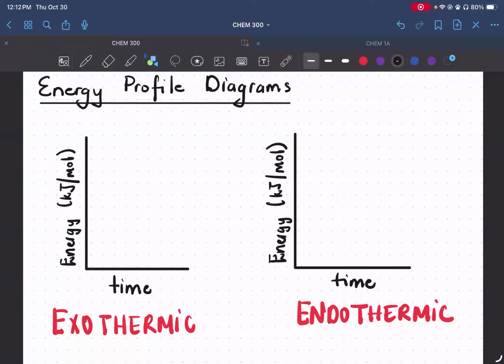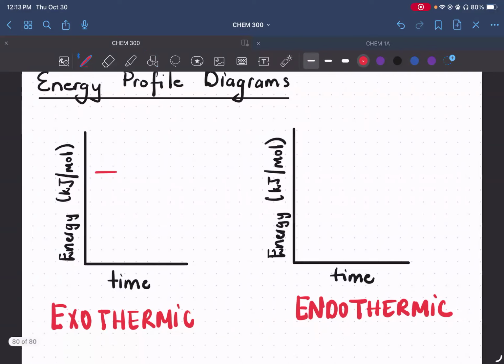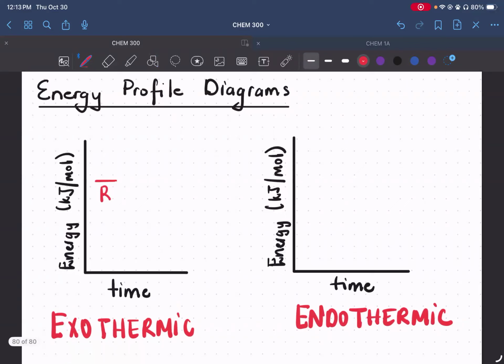Now, for the case of an exothermic reaction, we know at the very, very beginning of the reaction, we should only have reactants. At the very beginning of the reaction, that very instantaneous time equals 0, we should have nothing but reactants. After some amount of time has passed, in theory, we should have nothing but products.